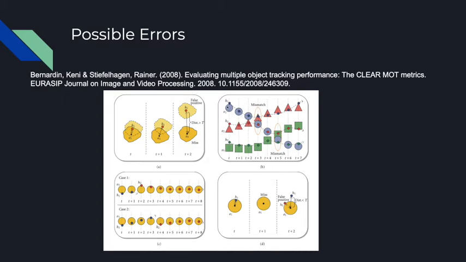So the blue circles will be blue circles, and then suddenly they'll be labeled as red triangles because they've gotten too close together and the IDs have switched. That's obviously not great. Another possible problem is the third option here, where the ID has just swapped.